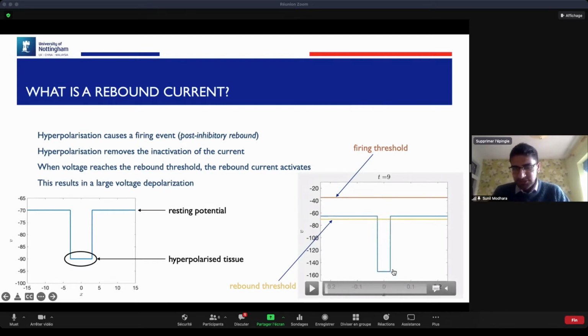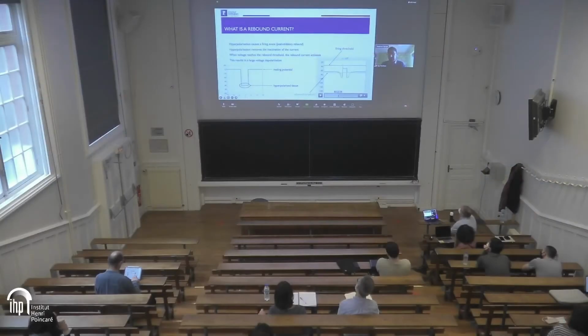with a patch of tissue which is hyperpolarized, shown down here in this movie, the inactivation of the current is removed, so that when it returns and reaches this rebound threshold, the current is able to activate, at which point there's a large depolarization, which brings that patch of tissue above the firing threshold, at which point signals will start to be sent across the domain, depending on how the tissue is connected to other tissue.